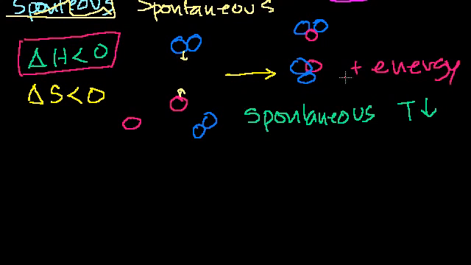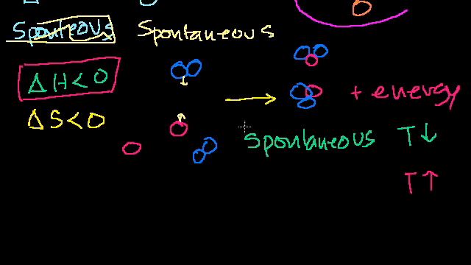But what happens here if the temperature of our system is high? So let's think of the situation where the temperature is high. Now all of a sudden, on this side, people are going to be knocking into each other super fast. If this guy bumps into this guy super fast, you can almost view it as a car collision.